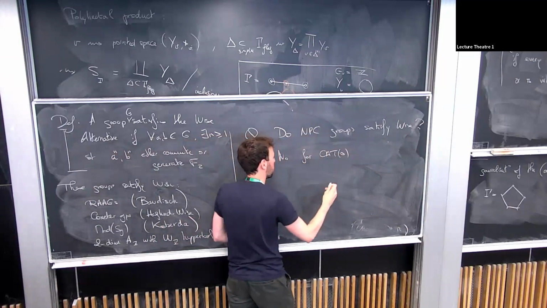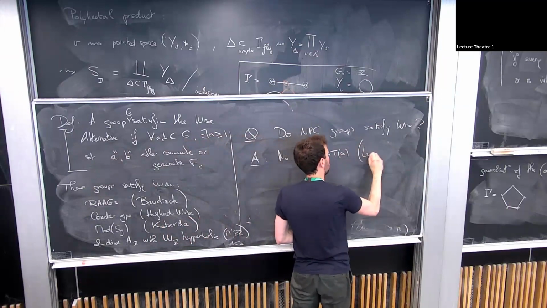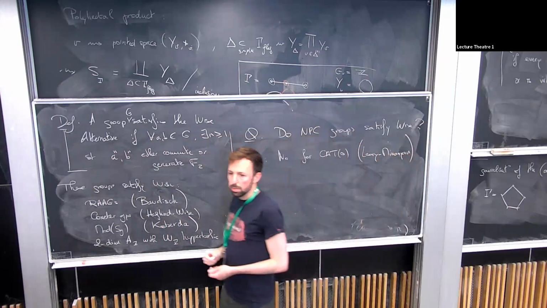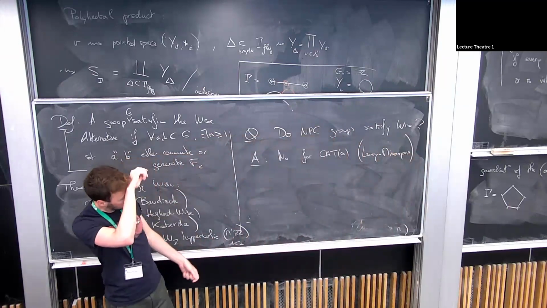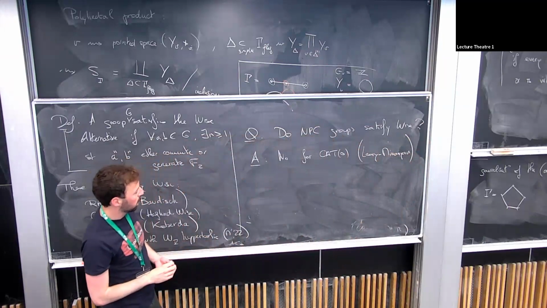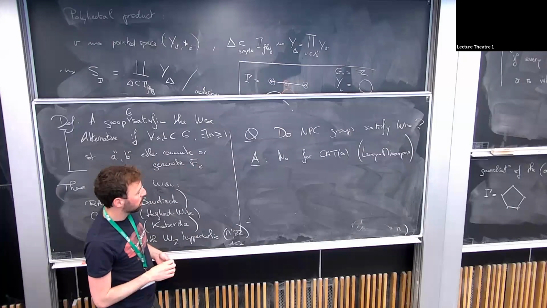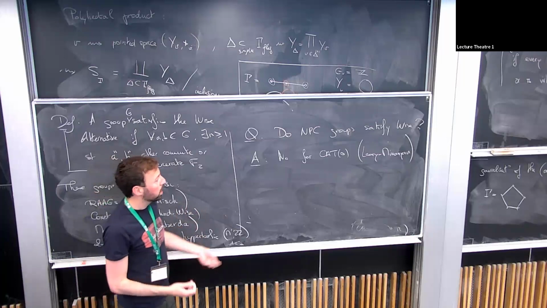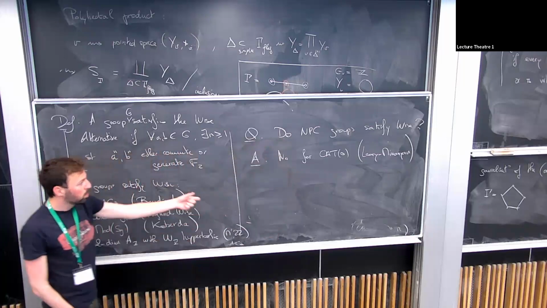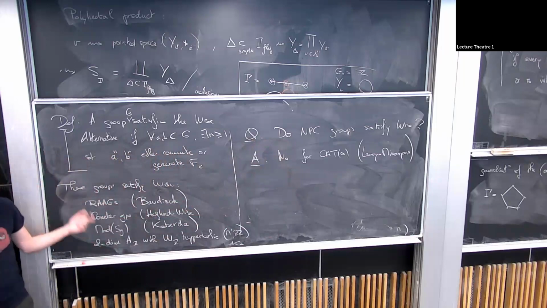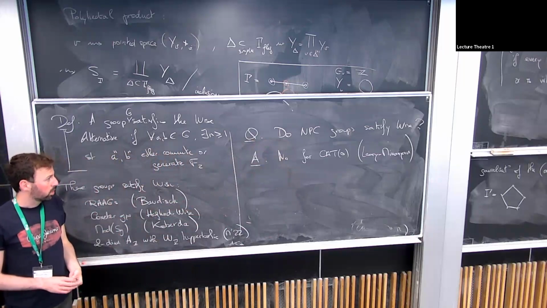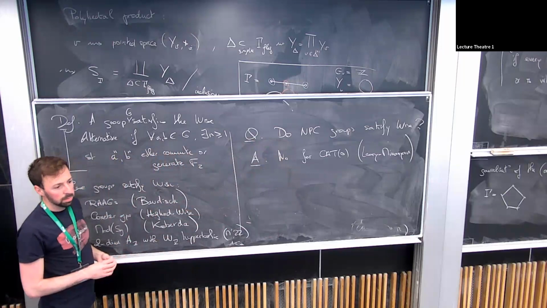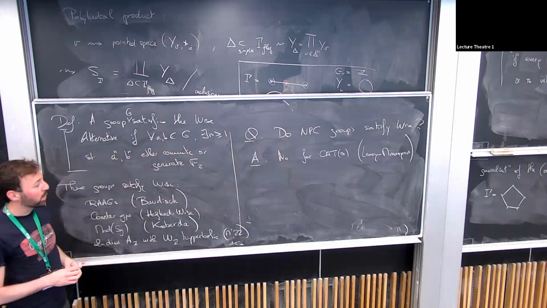There's a nice counterexample due to Leary and Minasyan from a few years ago, which is like an extension of Zn, so it's not something reasonably natural. So there exist CAT(0) groups that do not satisfy this property. But a natural question is, if you have groups that have a slightly more rigid or combinatorial structure, do these ones satisfy the Wise alternative? And it looks from what we see, at least in this list of examples, that many do. So it's maybe a question for you. Okay, so I'll stop here. Thank you.